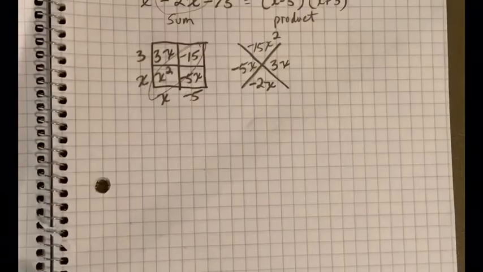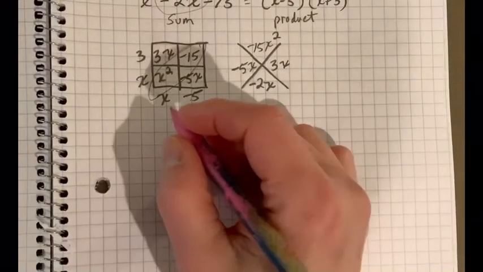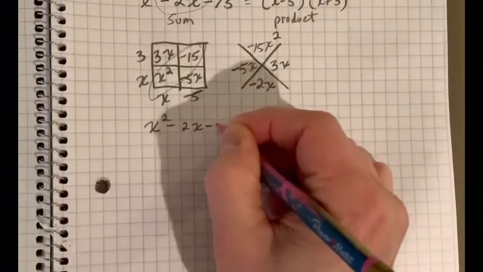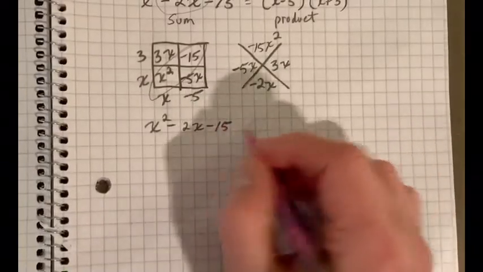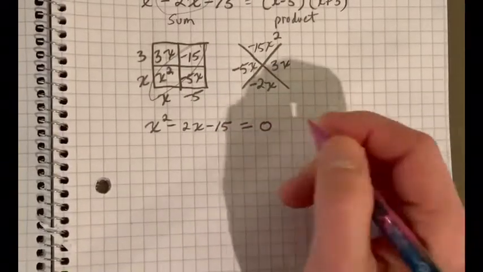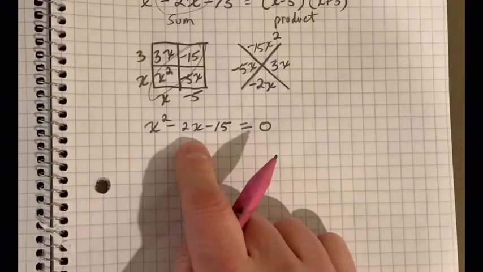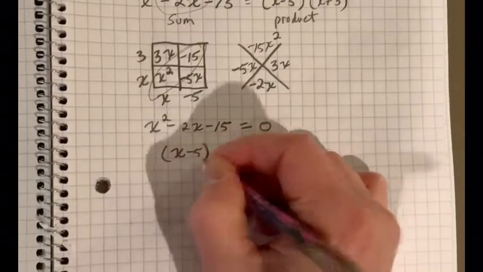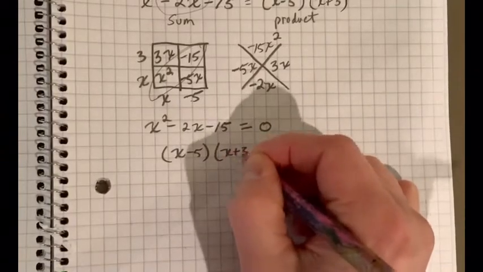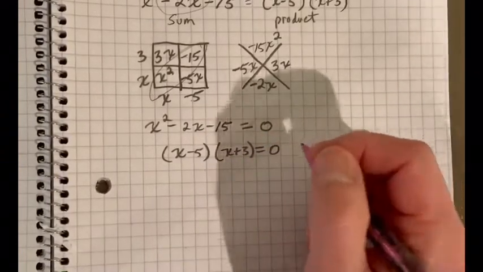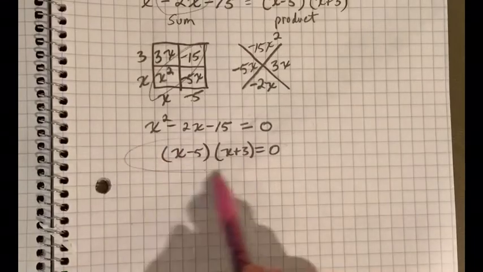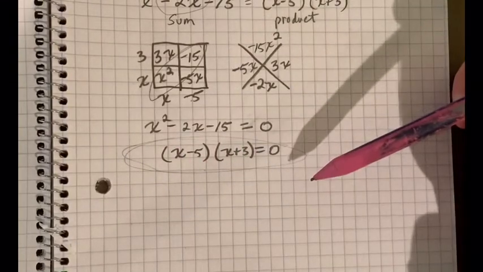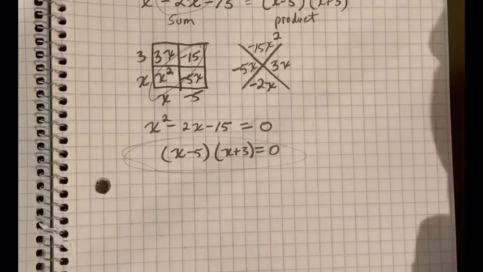Now we're going to do zero product property. In zero product property, we take our quadratic and set it to 0, and we know that this quadratic can be rewritten as a product. The reason for setting it to 0 is that when it's equal to 0, that's when it crosses the x-axis.